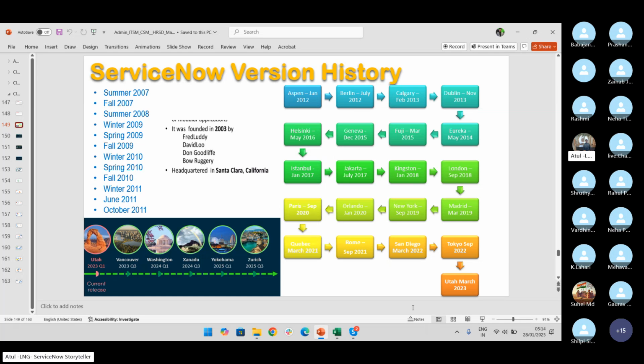In the same manner, ServiceNow also releases its versions. Before 2012, the release names were like this: summer, fall, winter, spring, June, October. But after this, ServiceNow moved to a standard format.